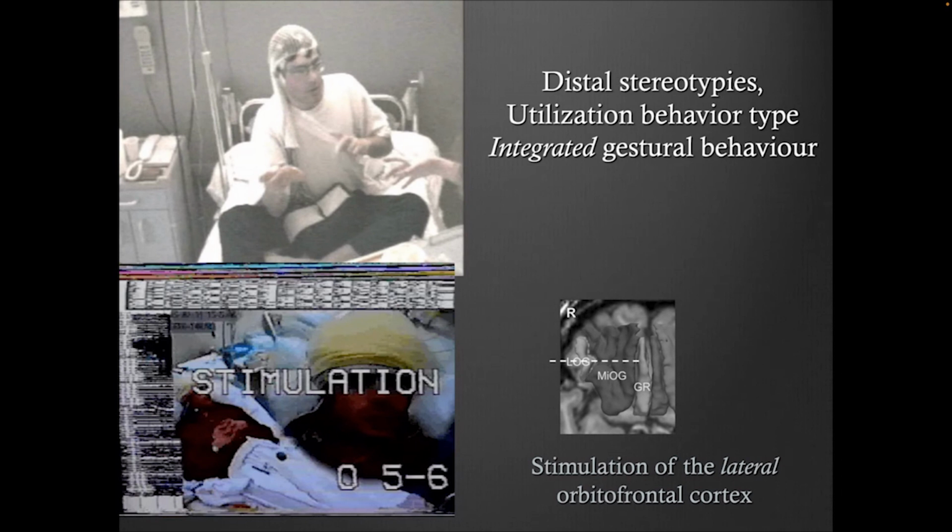We stimulated the lateral part of the orbitofrontal cortex, on the right of the slide. We put objects on the sheet in front of him, and said, when we stimulate, you don't move, please don't move. And you will see what he's doing.